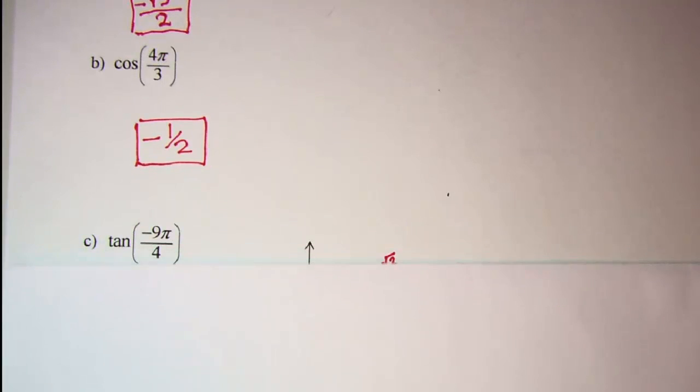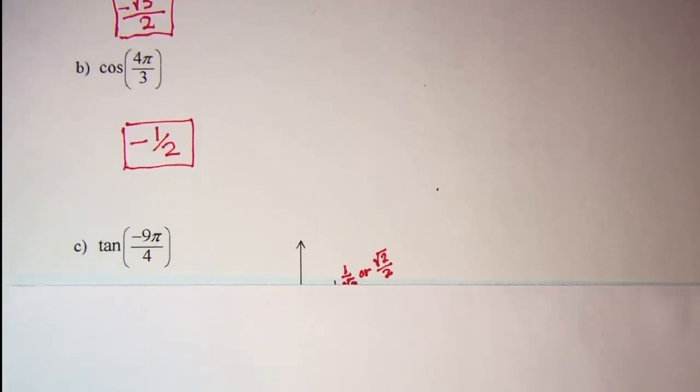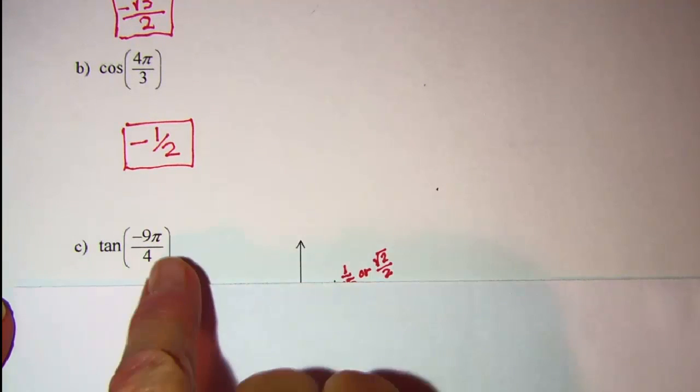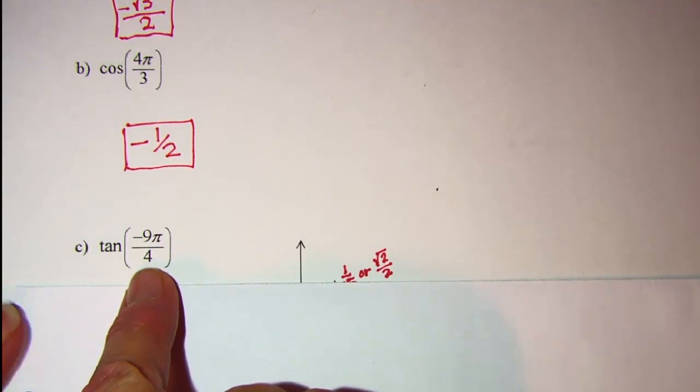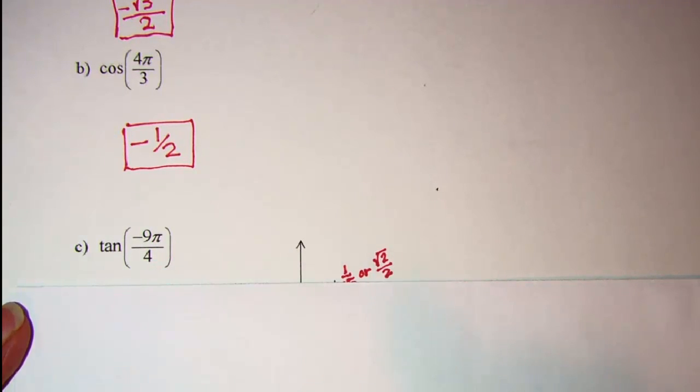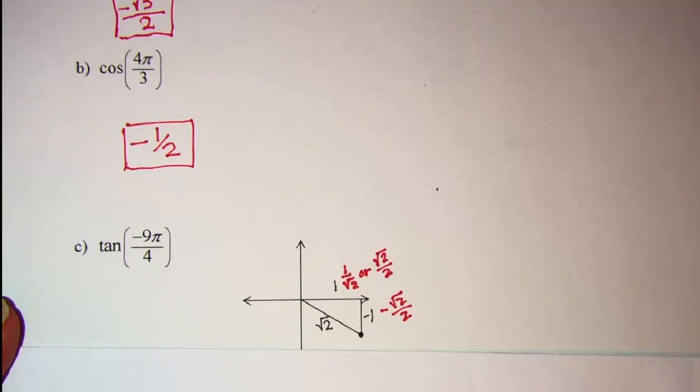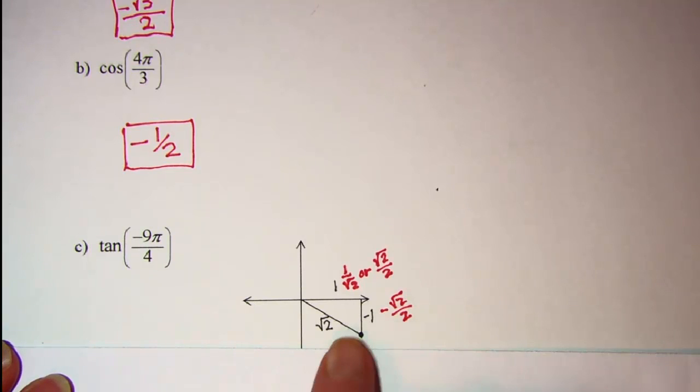On our next one, we're asked to find the tangent of negative pi over 4. Now, pi over 4, when the denominator is 4, we're dealing with the 45-45 right triangle, reference triangle, and this is a negative 9 pi over 4. So in our drawing, we need to go in the clockwise direction.